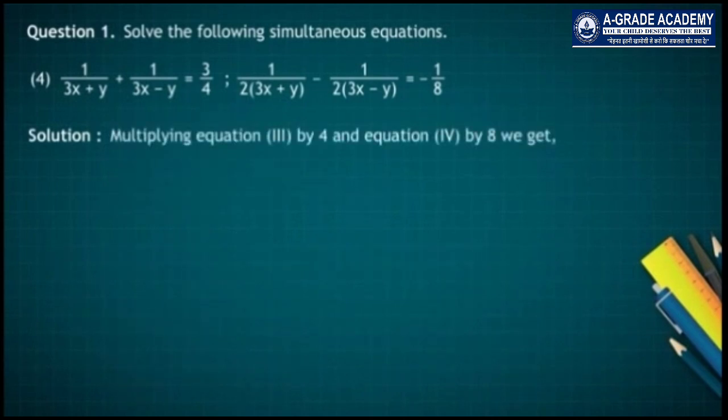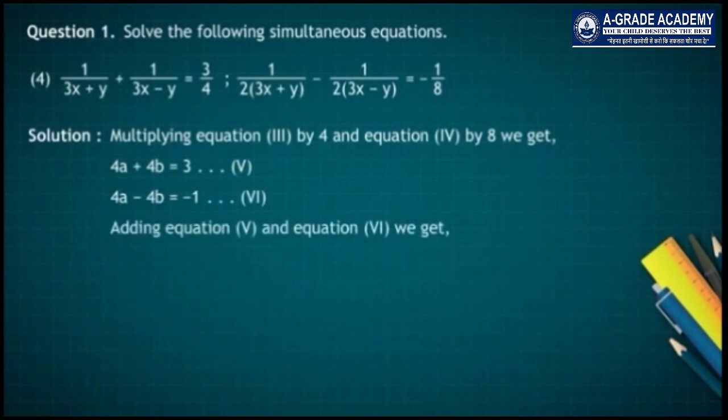Multiplying equation 3 by 4 and equation 4 by 8, we get 4a + 4b = 3. This is our equation number 5. 4a - 4b = -1. This is our equation number 6.